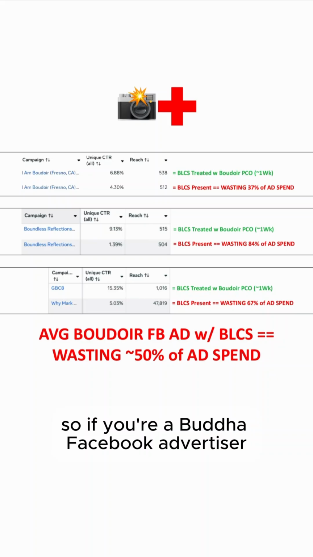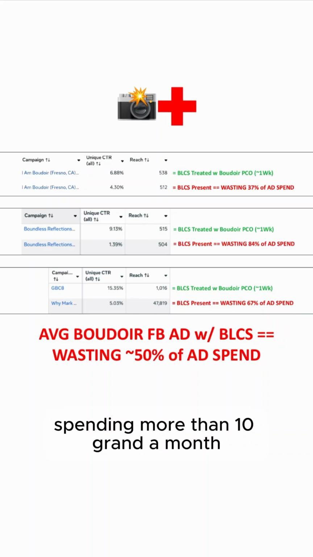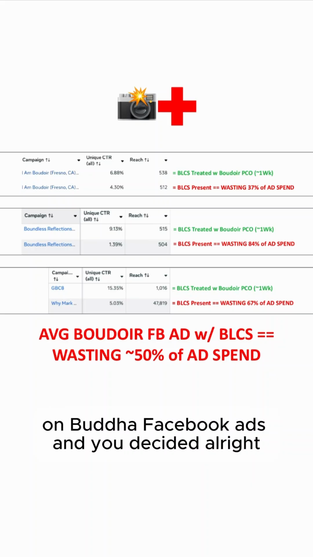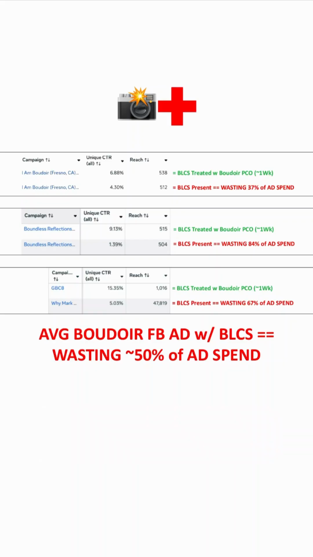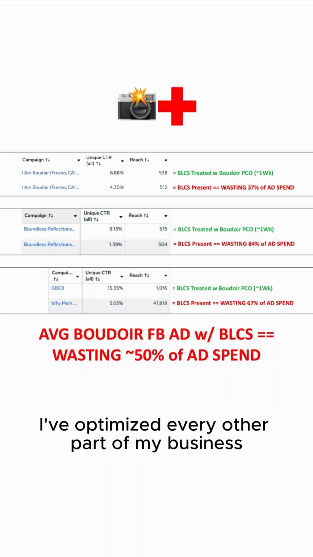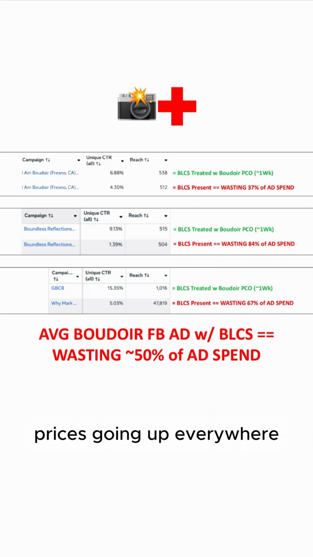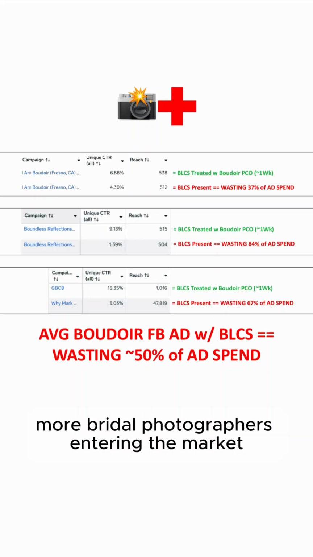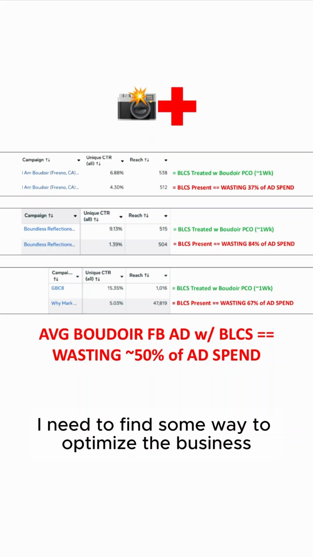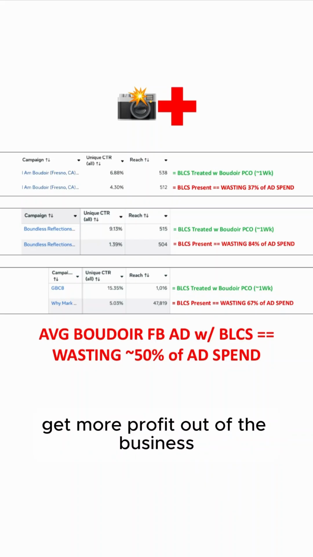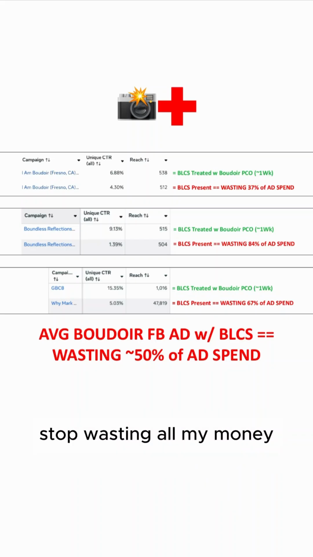So if you're a Boudoir Facebook advertiser spending more than 10 grand a month on Boudoir Facebook ads, and you decide, all right, I've optimized every other part of my business, I gotta pull some more profit out of this because there's inflation, prices going up everywhere, more boudoir photographers entering the market. I need to find some way to optimize the business, get more profit out of the business, stop wasting all my money.